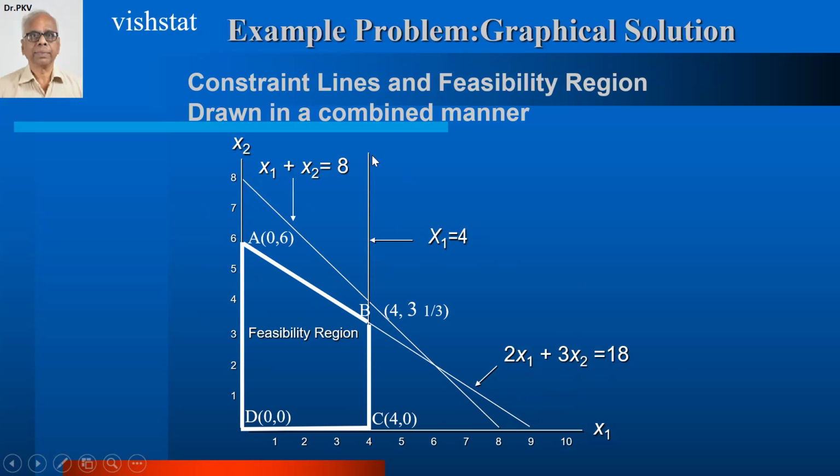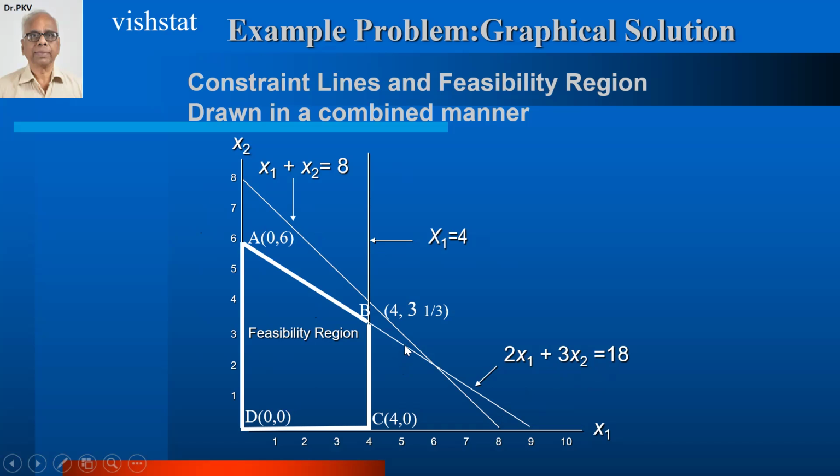x1 is equal to 4 is here. 2x1 plus 3x2 is equal to 18 is here. And x1 plus x2 is equal to 8 is here. Then we should have the condition that should be satisfied. x1 must be less than or equal to 4 is this side. 2x1 plus 3x2 less than or equal to 18 is this much side.